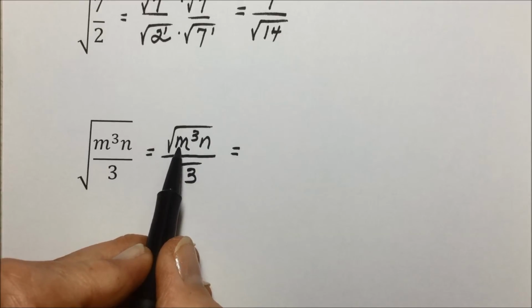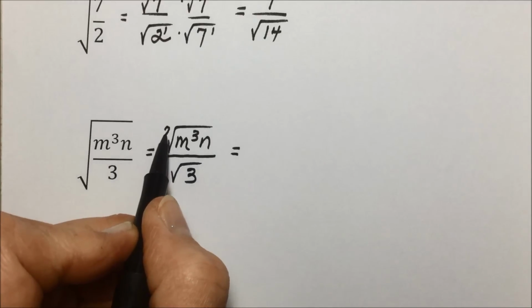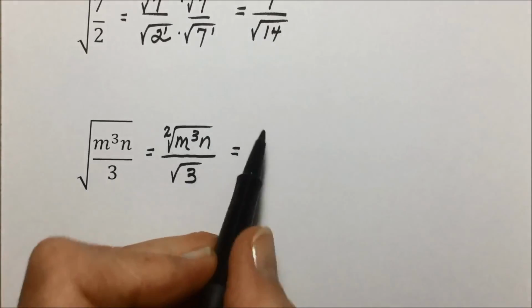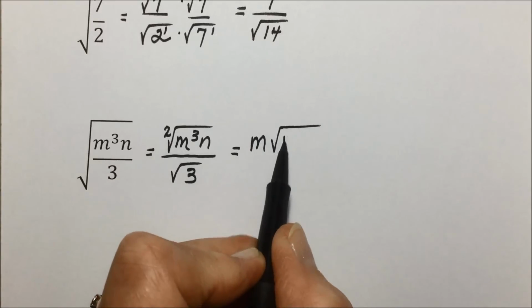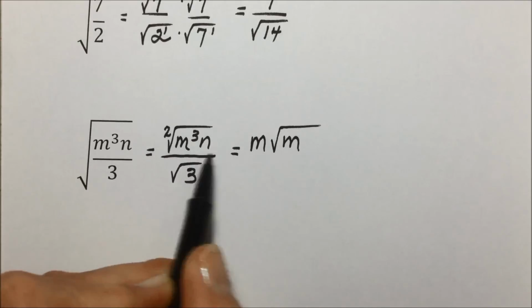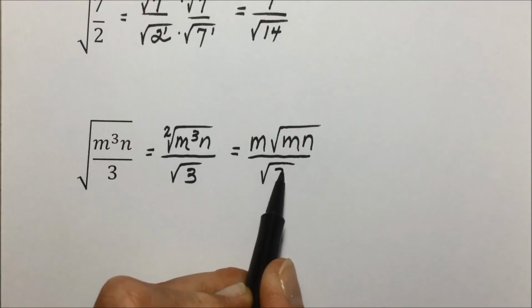That means we have 3 divided by the square root, or 2 power. 3 divided by 2 is 1 with a remainder of 1, which is 1 m out and 1 m left over. We have a pair of m's and one m left over, and we have our n over the square root of 3.